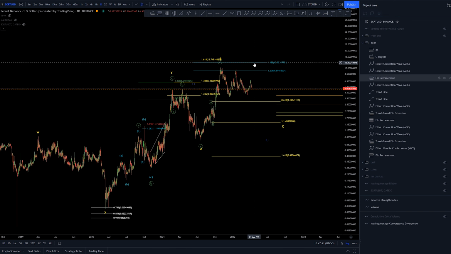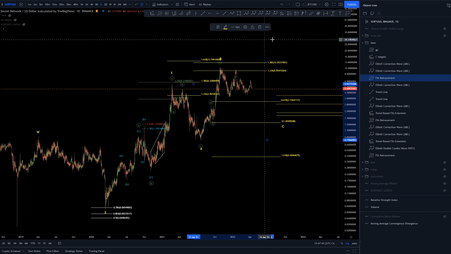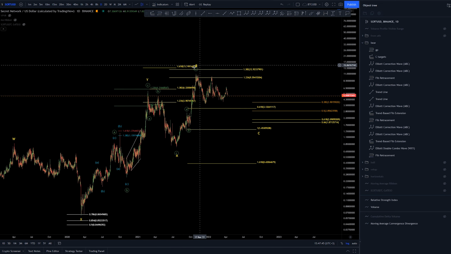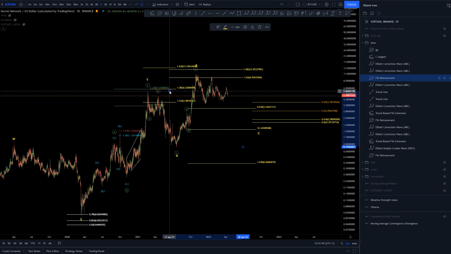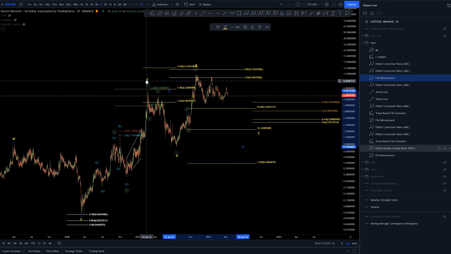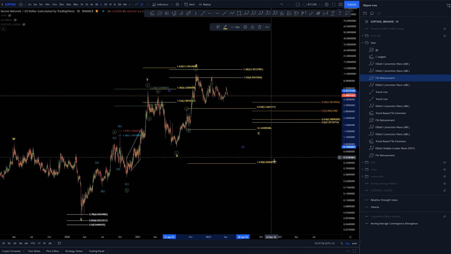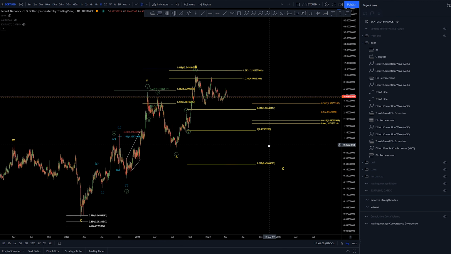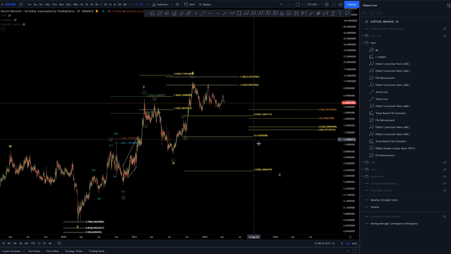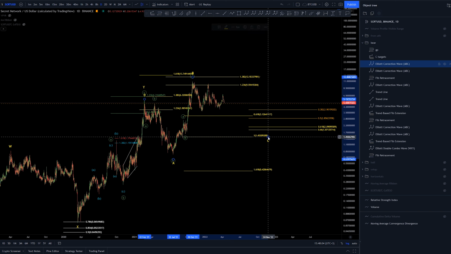Now for this one here, it should be yellow as well. So this is again a flat, expanded flat pocket here for this A, B, and creating a C. Now, as this is expanded flat, most likely the one-to-one is something to aim for.